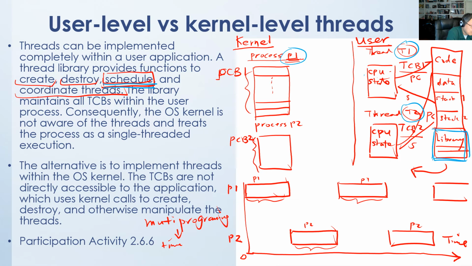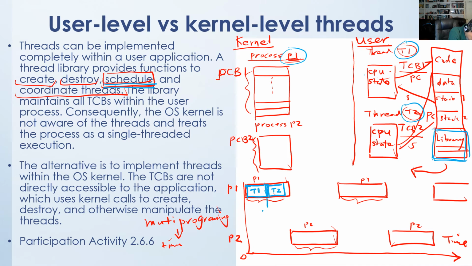So let's say during the time process 1 is taking the CPU, the library is going to kick in and load thread 1 during that time period. And then after a certain period of time, I'm going to load thread 2. So I'm going to switch back and forth.